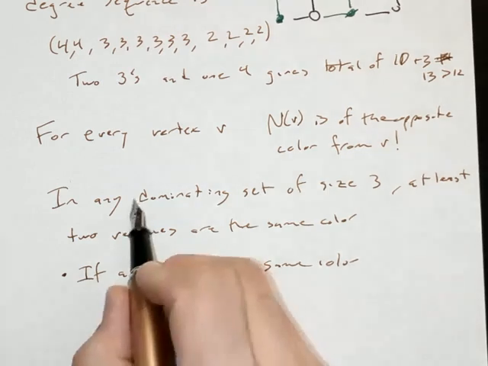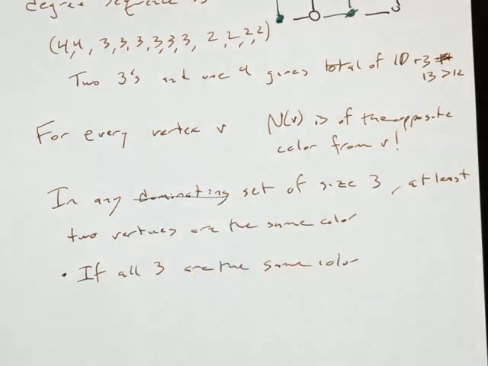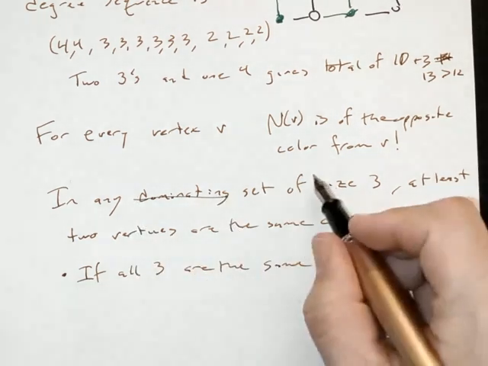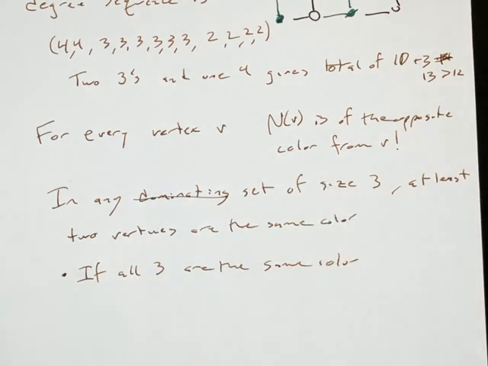Actually, in any set of 3 vertices, if all 3 vertices are the same color, it can't be a dominating set. Why?